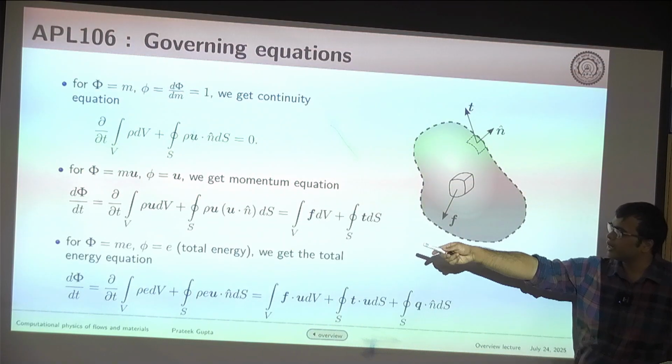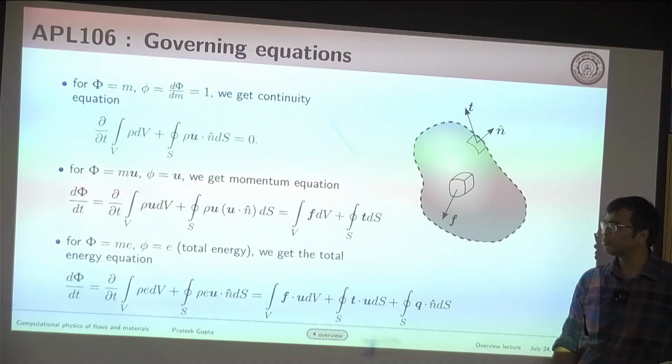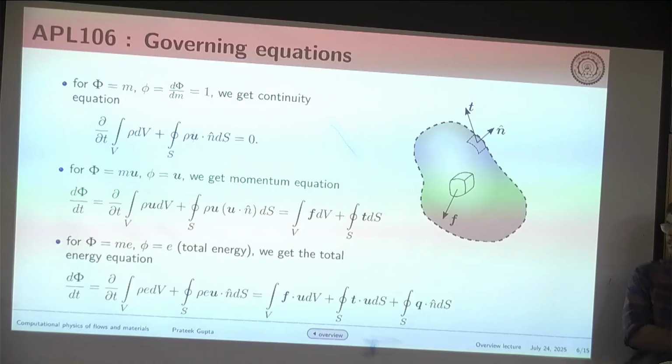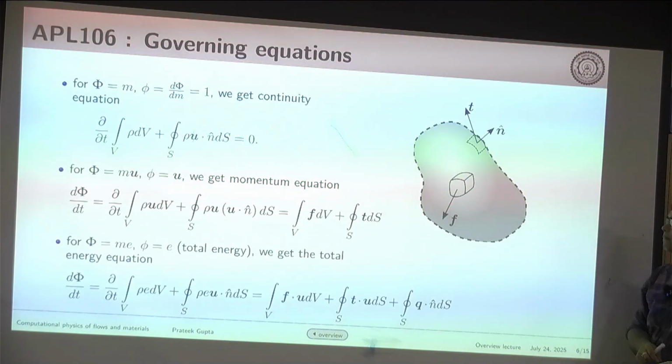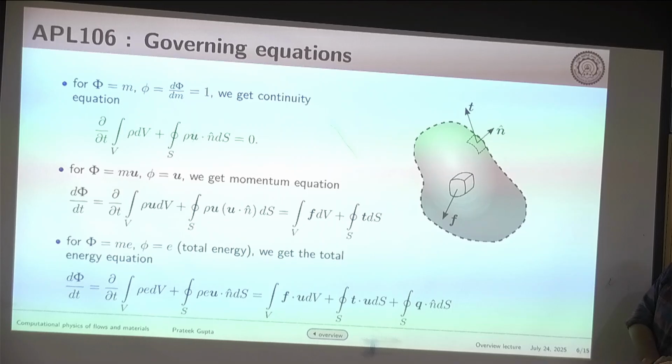And then if you define capital phi as the total energy, what will it consist of? What do we mean by total energy here? What will the total energy be composed of? Which different components will be there in total energy? Kinetic energy and potential.